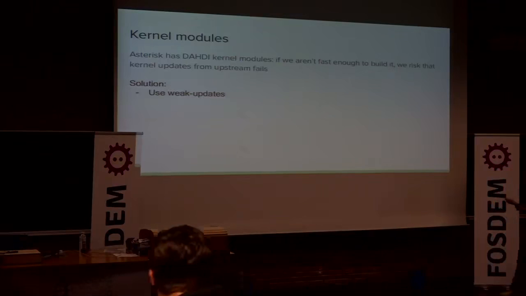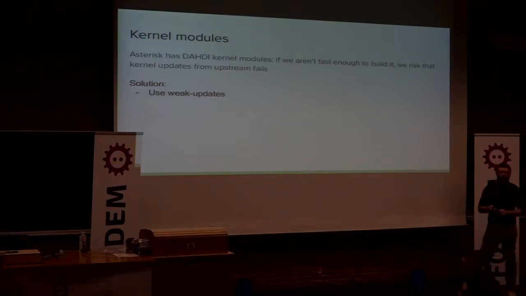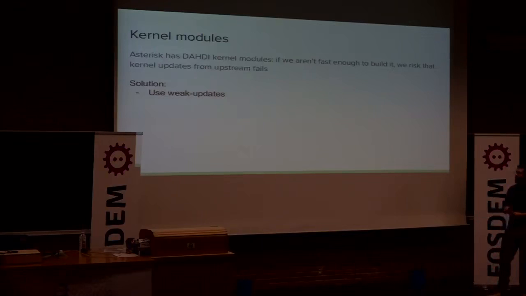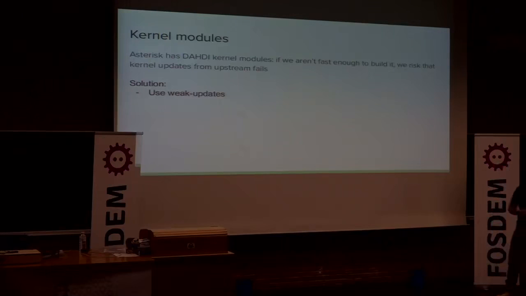The solution we adopted was to use weak updates. That is a nice feature of CentOS that allows you to install the kernel modules in another kernel with the same major version. It's not the same solution that FreePBX used in their distro, because they build the kernel too. If you are building the kernel, or if you use, I don't know, maybe some Jenkins, you probably would like to build the kernel modules every time.